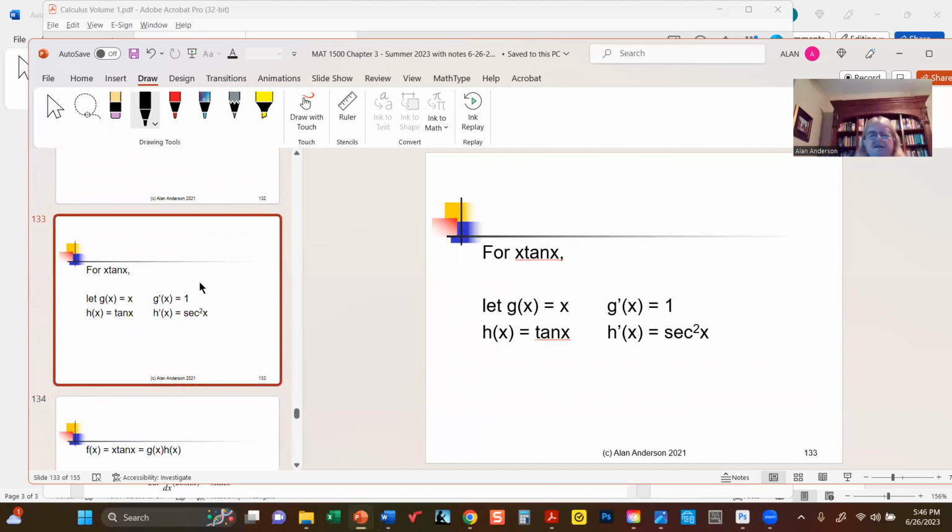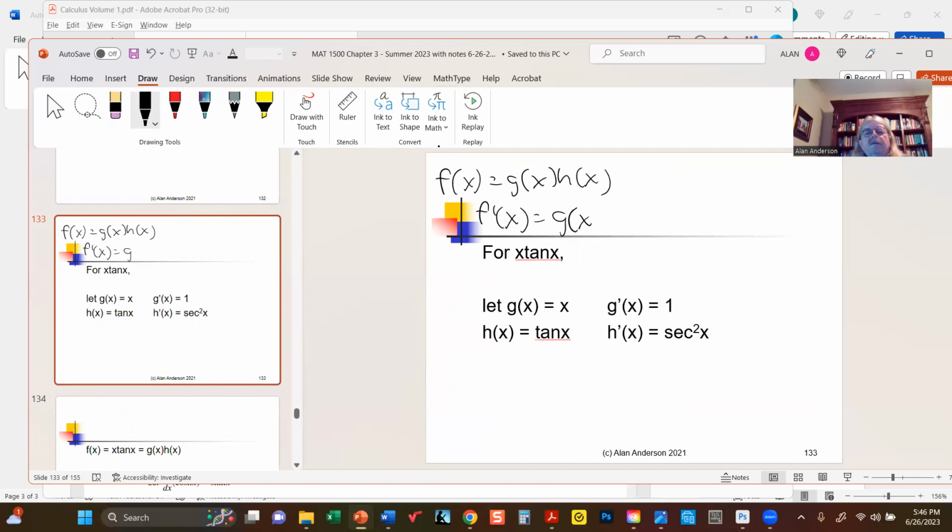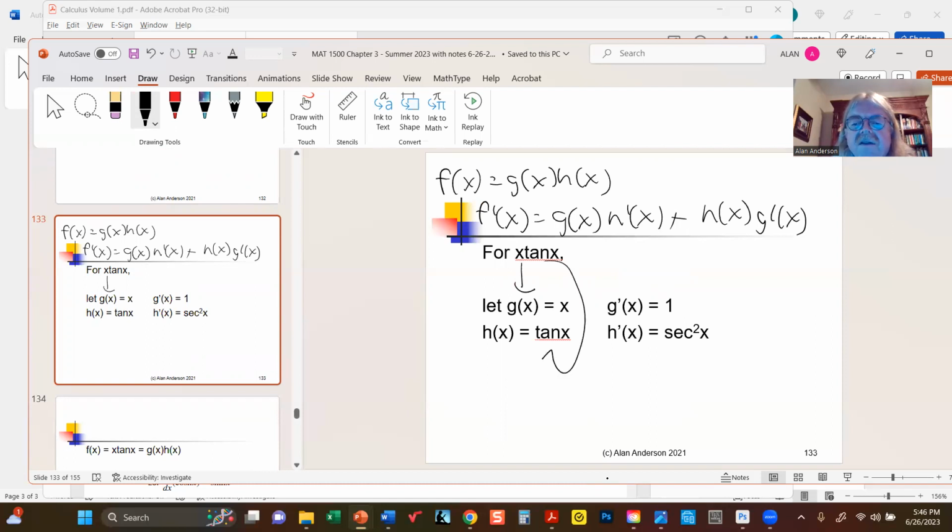So we can think of this as g is x, h is tangent of x.